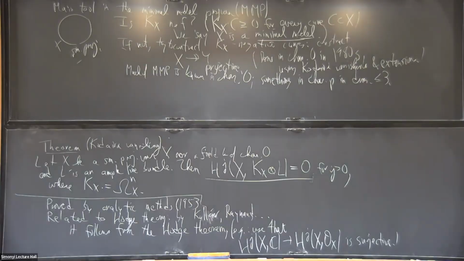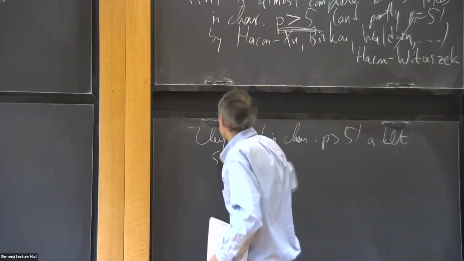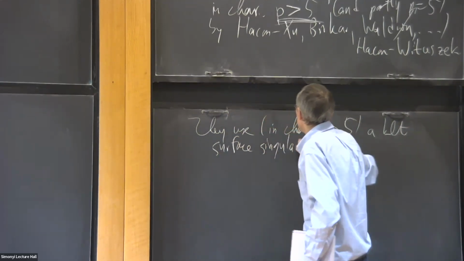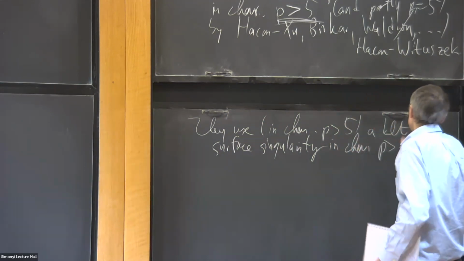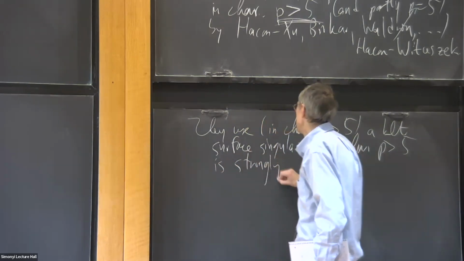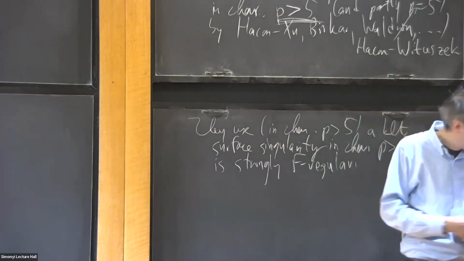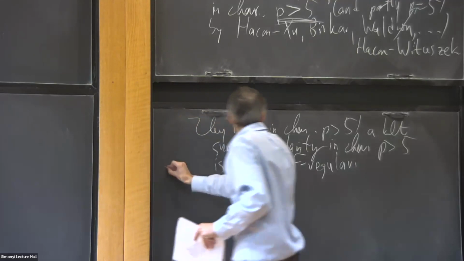Things like KLT surface singularities in characteristic p greater than 5 being strongly F-regular. I've used multiple words here, so let me try to ponder the definitions a little bit.